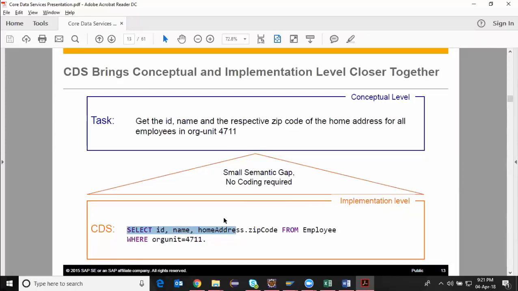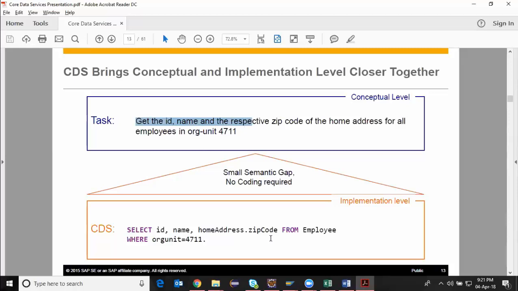That means there is a syntax which makes this happen just like your conceptual idea. We're going to see the several syntaxes of CDS, and then you will come back and say, oh, this is what CDS is bringing me. So CDS is an open SQL, not SQL again. The syntax brings your conceptual level task into your implementation level task by the script it provides, with a lot of annotations, associations, and so on.